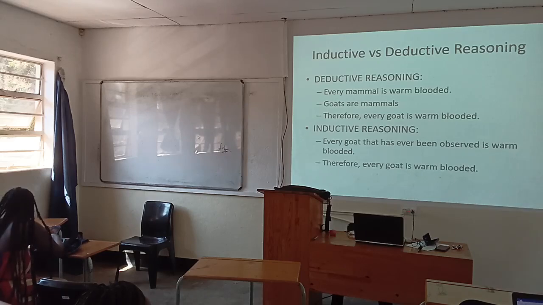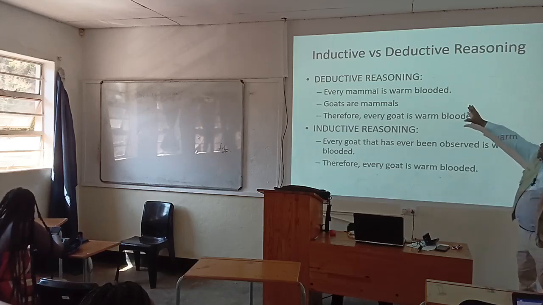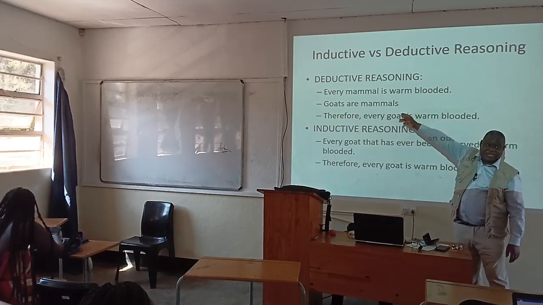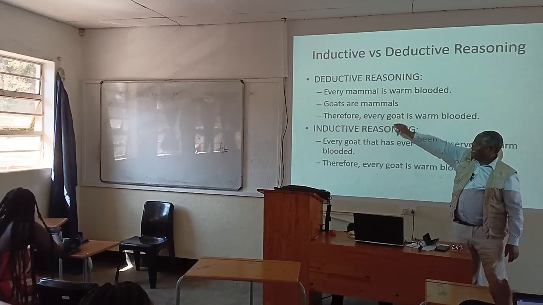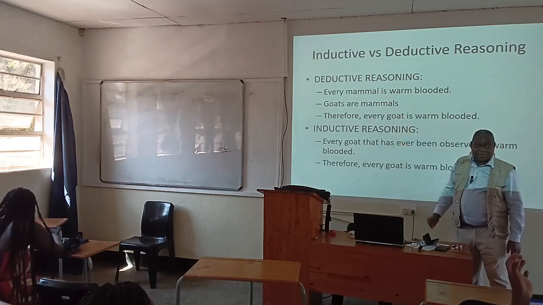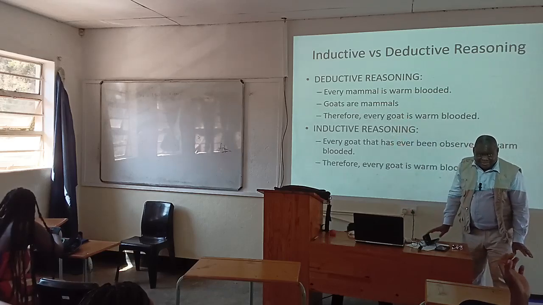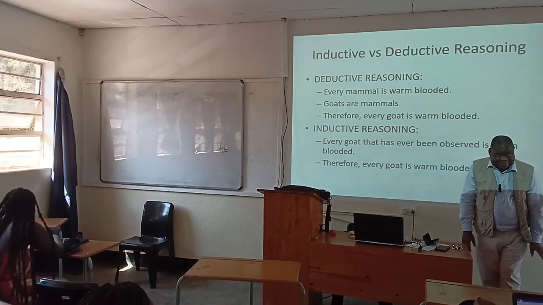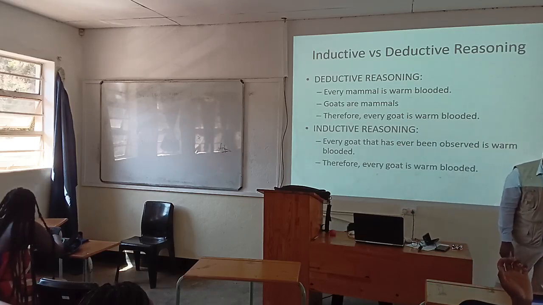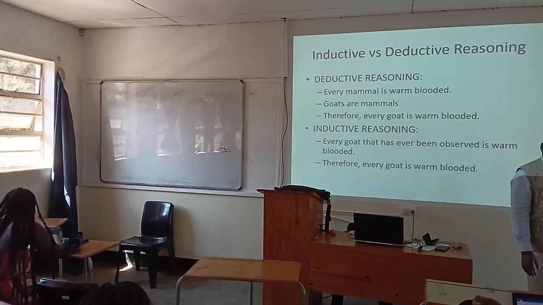In whatever I've said, I put a caution that it's possible to find somebody coming up with statements which are not logically connected and then making a conclusion. Then you should question that conclusion.